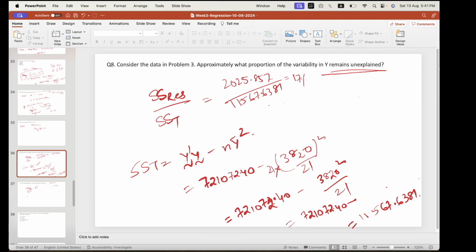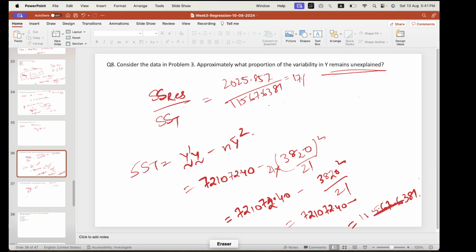So this value changes to 3820 into 3820 divided by 21, 721,072.40 minus this thing.